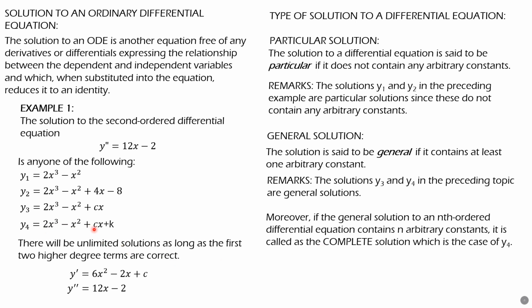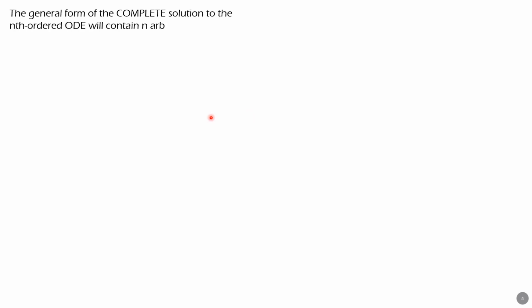So y sub 4 is general and at the same time the complete solution to this second order first degree ordinary differential equation. The general form of the complete solution to the nth order ordinary differential equation will contain n arbitrary constants, and it is illustrated below.